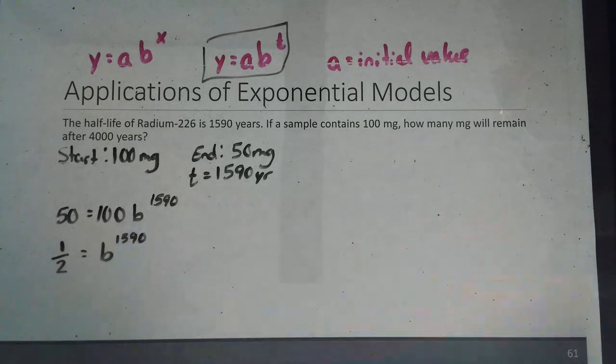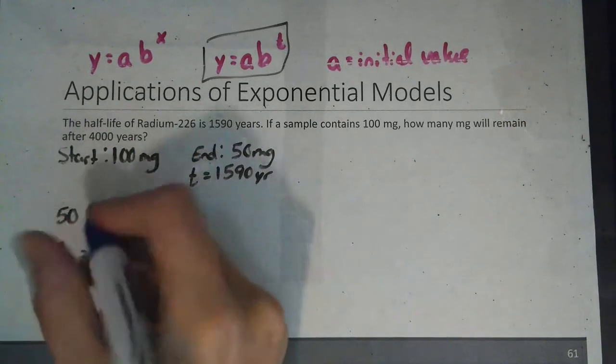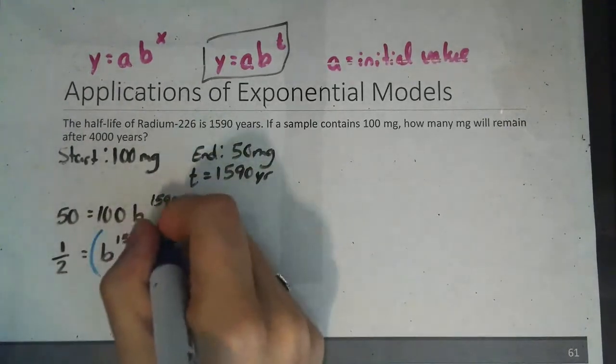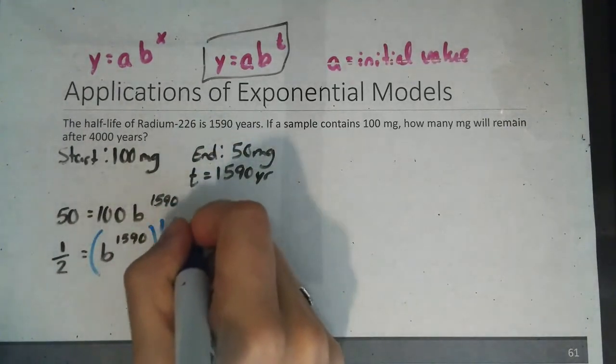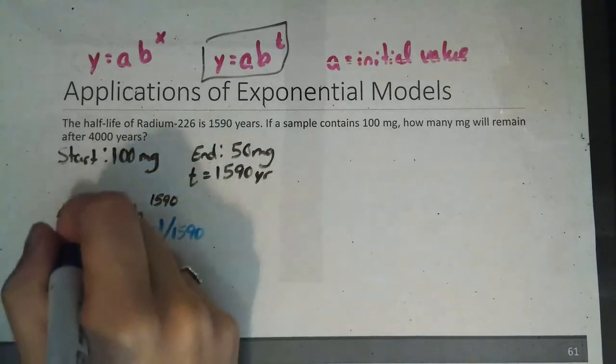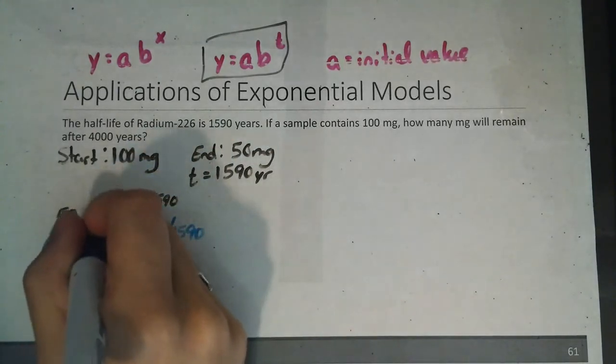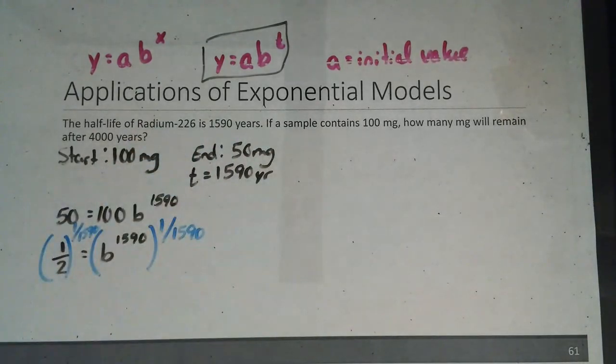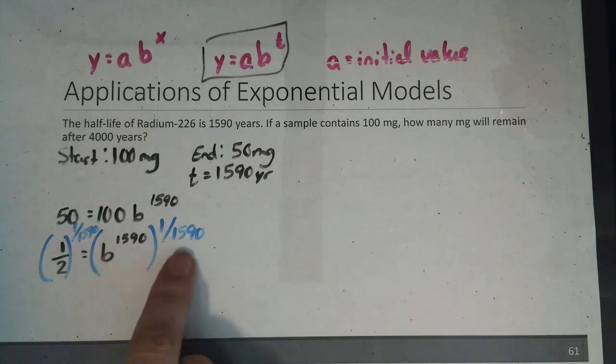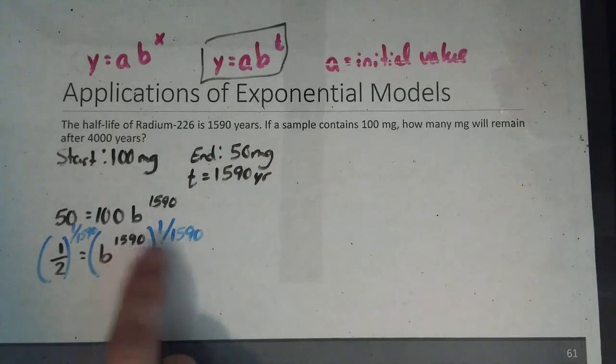So what I need to do is take the 1,590th root of both sides, which is the same as raising both sides to the 1 over 1,590 power. What this is going to do is we have a power raised to a power, so we would multiply those powers.